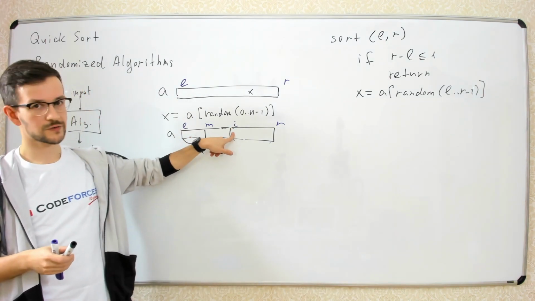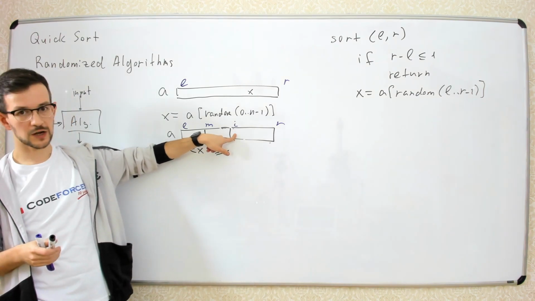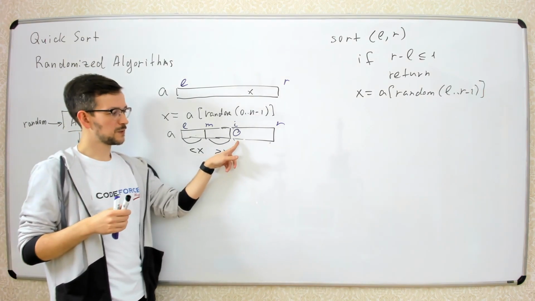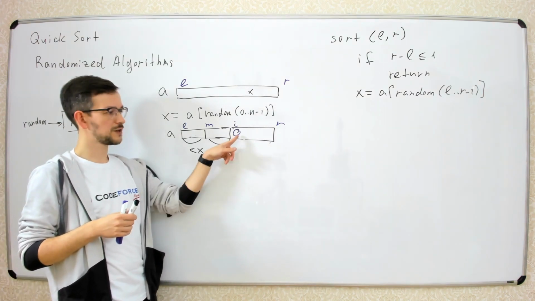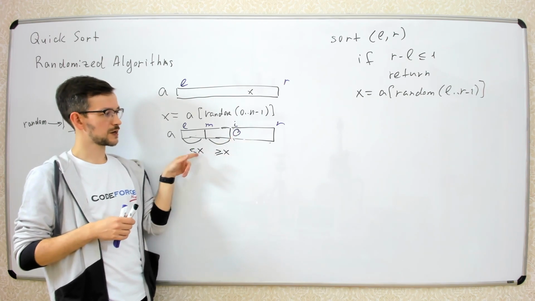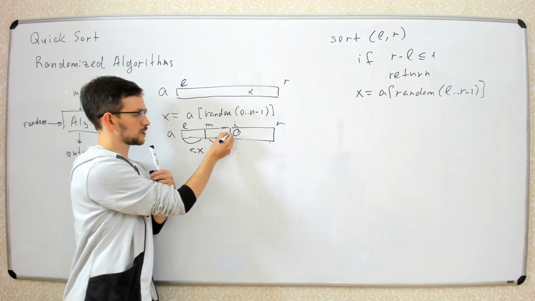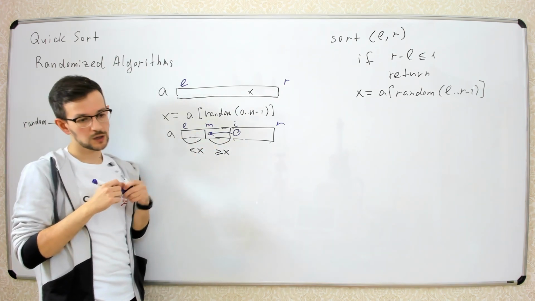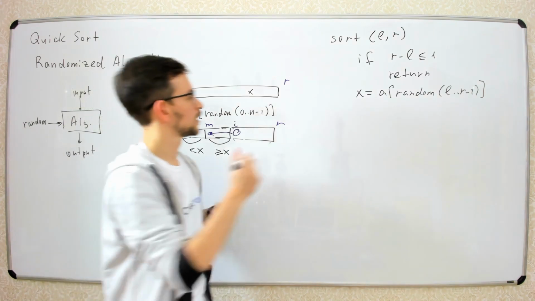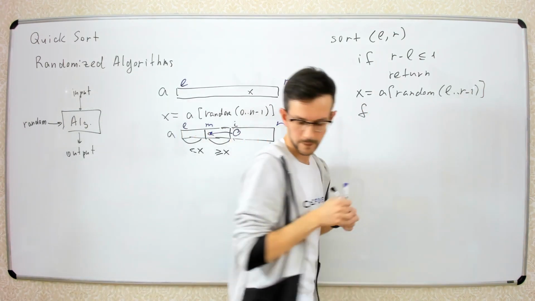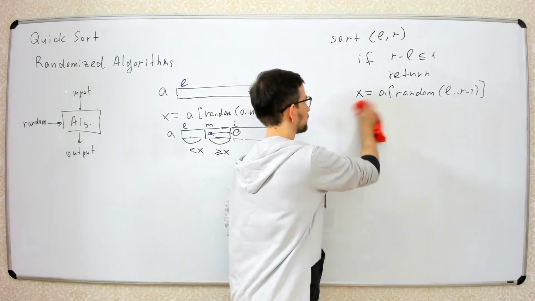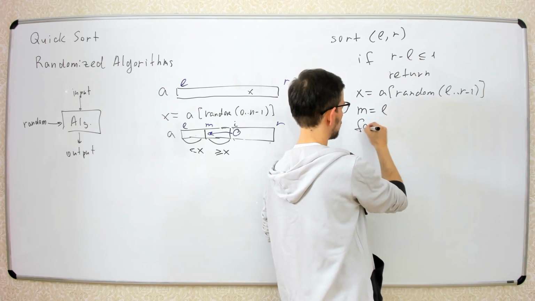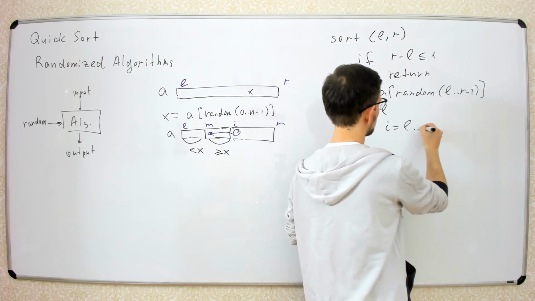So we go from left to right with this variable I and take the next element. If this element is greater or equal than x, then it stays in place. If it is less than x, then we swap this element to position M and increase the variable M. So let's say M equals L, then go for I from L to R minus 1.